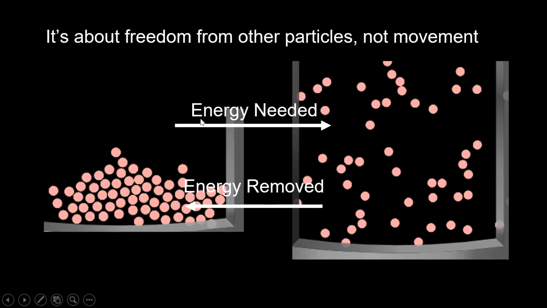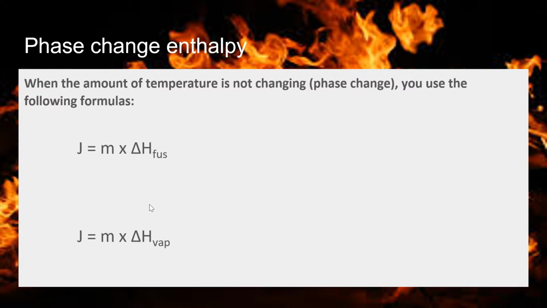And as we've discussed before, there's energy needed to go in one direction and energy removed to go in the other way. So this is endothermic to go this way, and it's exothermic to go the other way. And okay, so to do that, you're going to use these formulas now.